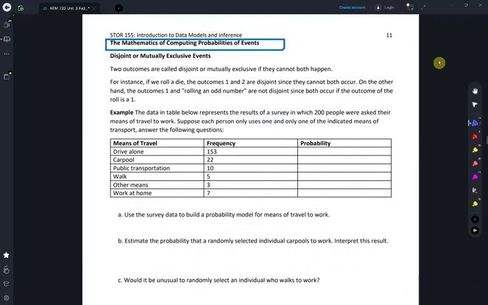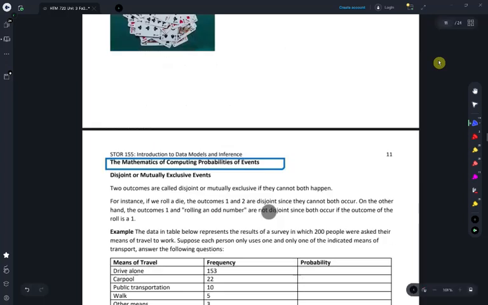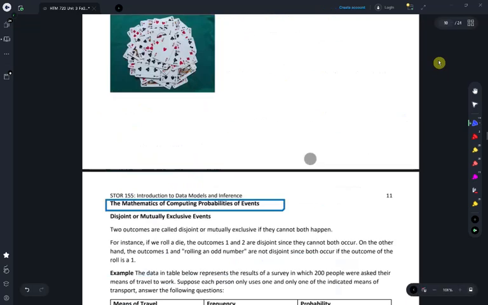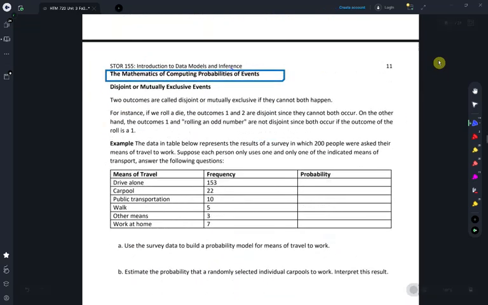Next, we're going to start talking about the mathematics of computing probabilities of events. So, we talked about mutually exclusive events, so it makes sense that we should learn how to compute the probability of mutually exclusive events. Mutually exclusive events are otherwise known as disjoint events. Here is a visual for you.